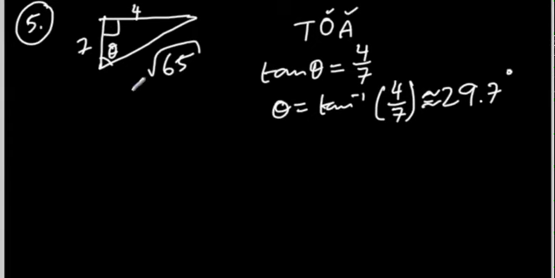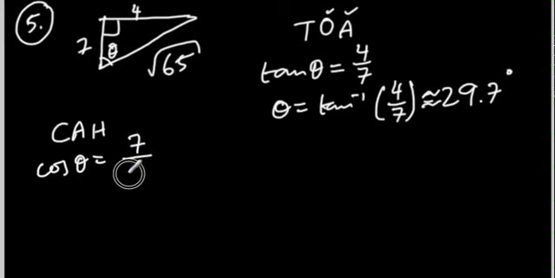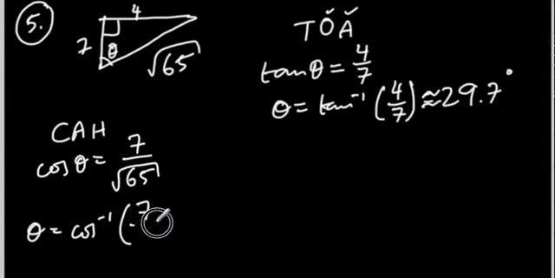If we wanted to use 7 and root 65, 7 is the adjacent because it's right next to theta. Root of 65 is the hypotenuse, so we could use cos. So again, cos theta is 7 over root of 65, so theta is cos inverse of 7 over root of 65, which again would have been the same thing, 29.7.